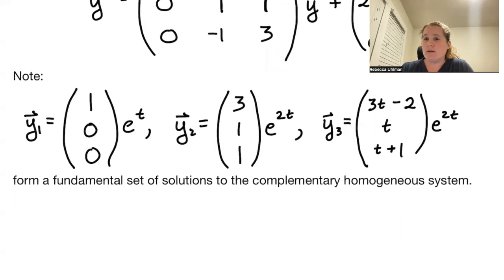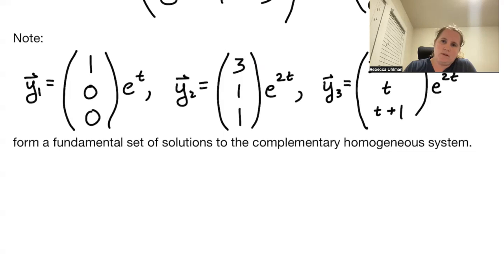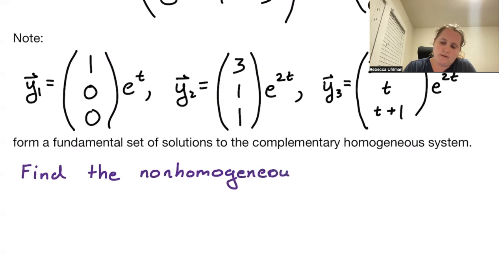So to then find our non-homogeneous general solution, we're already partway there. So we need to find the non-homogeneous general solution.